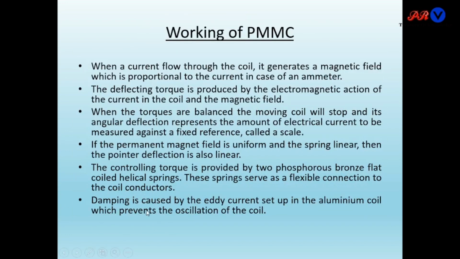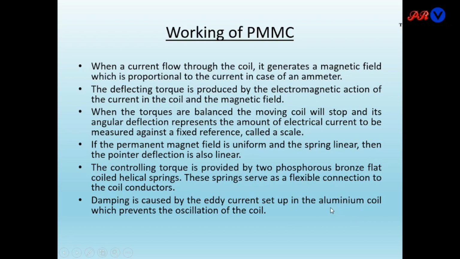Damping is caused by the eddy current set up in the aluminum coil, which prevents the oscillation of the coil. Damping torque is provided by the eddy current, because the coil is placed on the aluminum former.